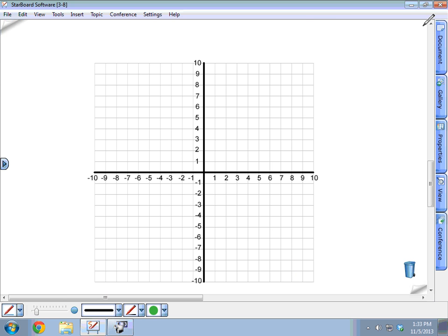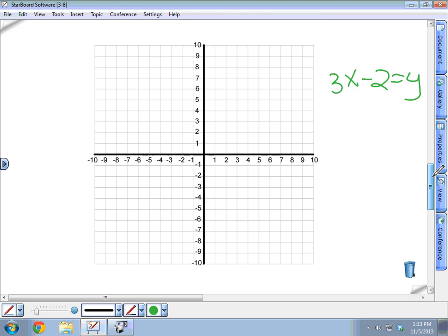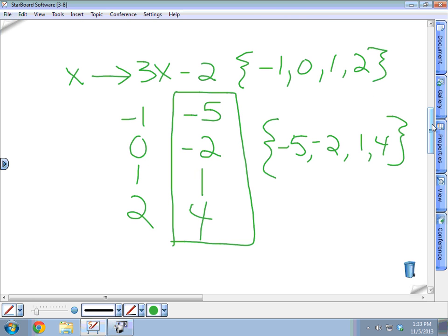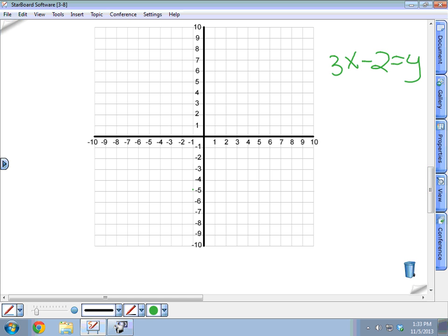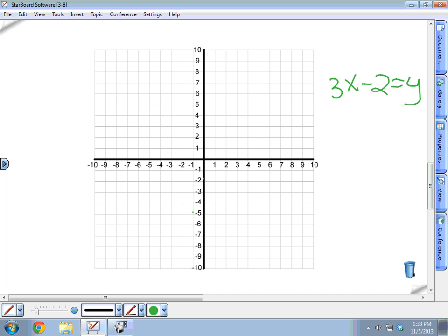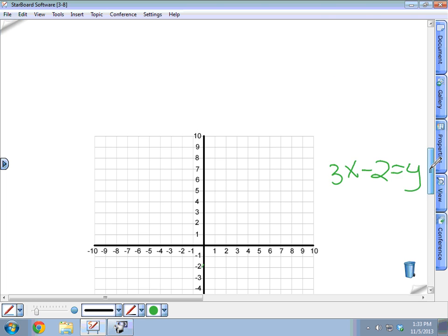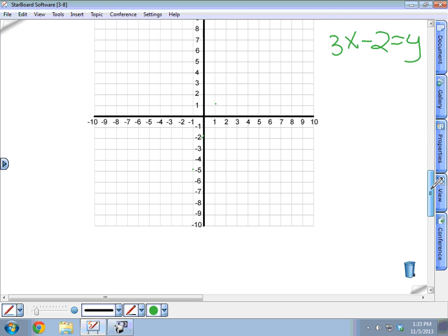All right. So this one was 3x minus 2 equals y. Okay? And so we have our points. I'm just going to use the same points that we found up here. So -1, -5. 0, -2. 1, 1. And 2, 4.